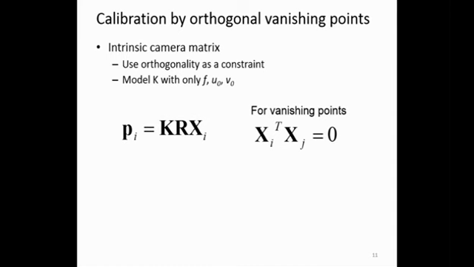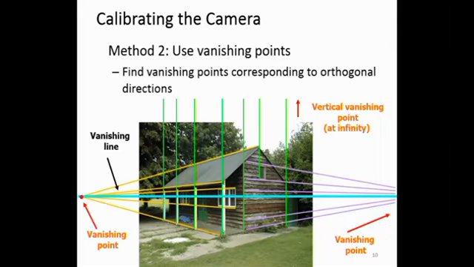That might be a little bit surprising at first, because we've got a projection from our 3D point, and we don't know the 3D direction. All we know is the vanishing point, which is the 2D direction. Little p in this figure is the positions of the vanishing points in homogeneous coordinates.